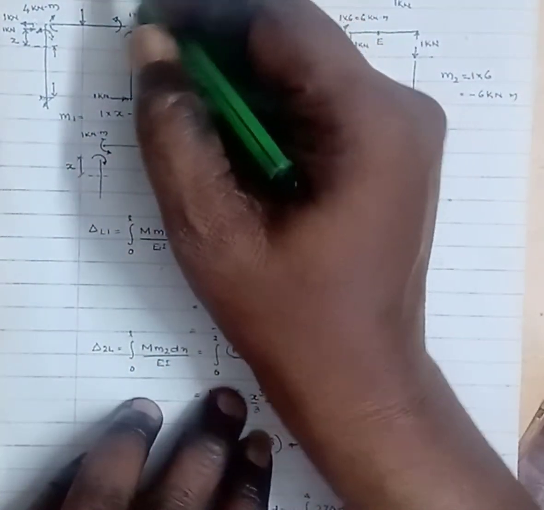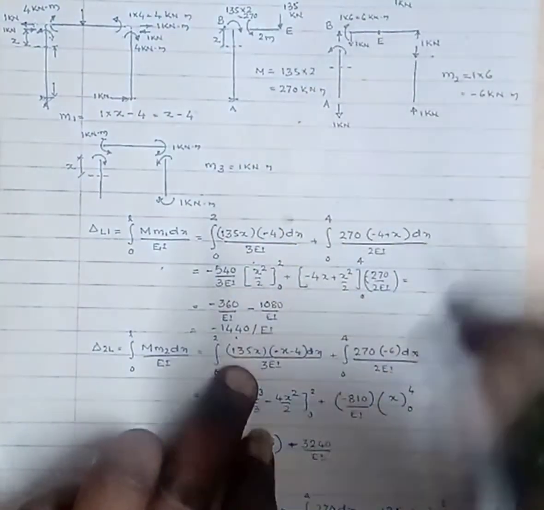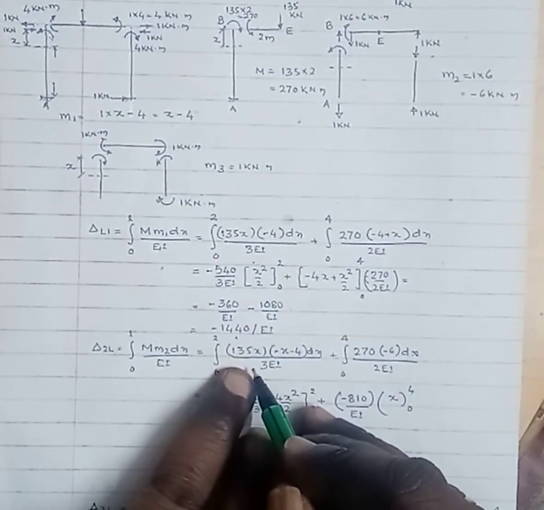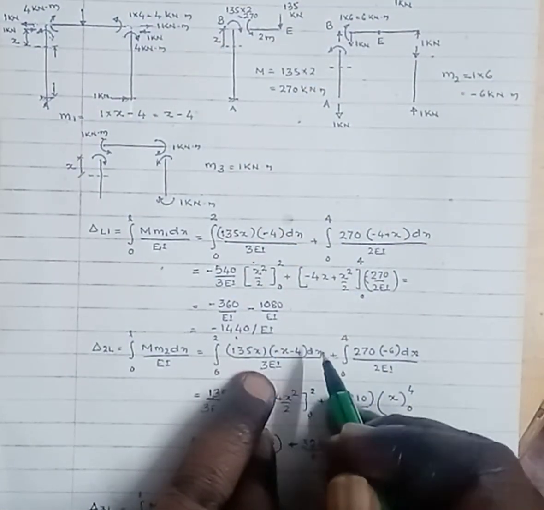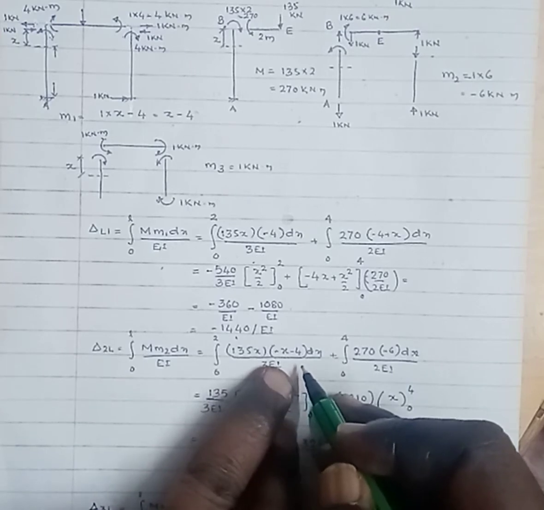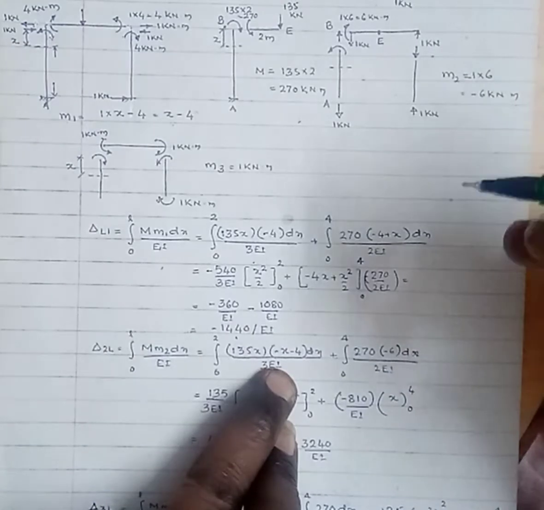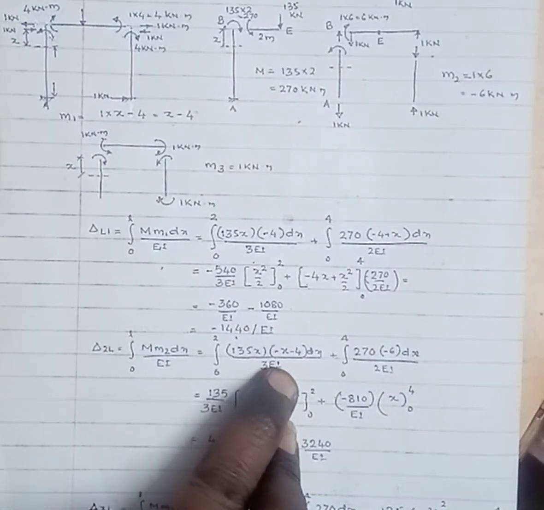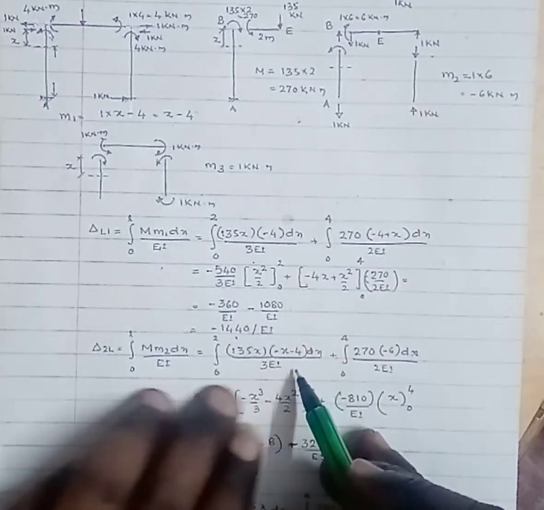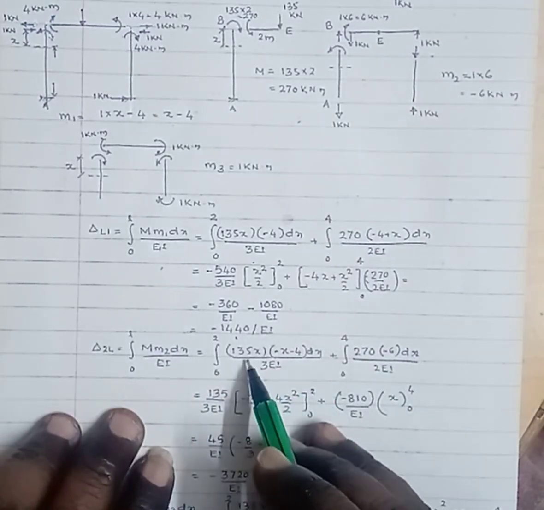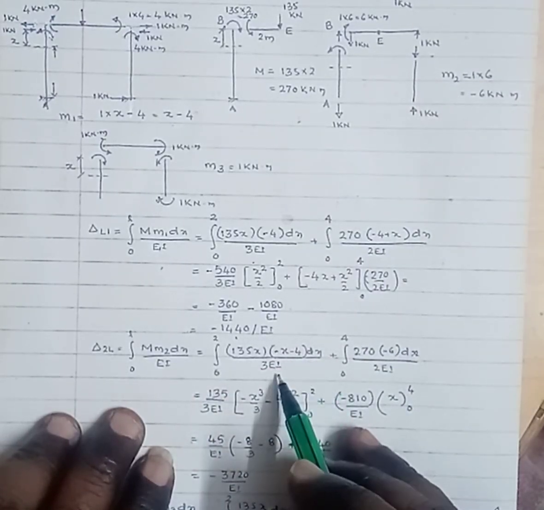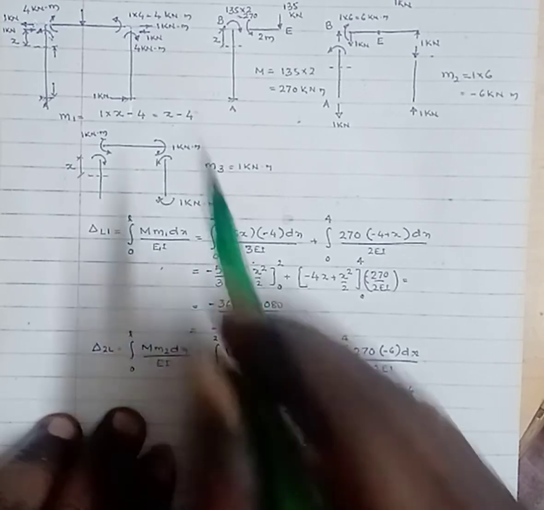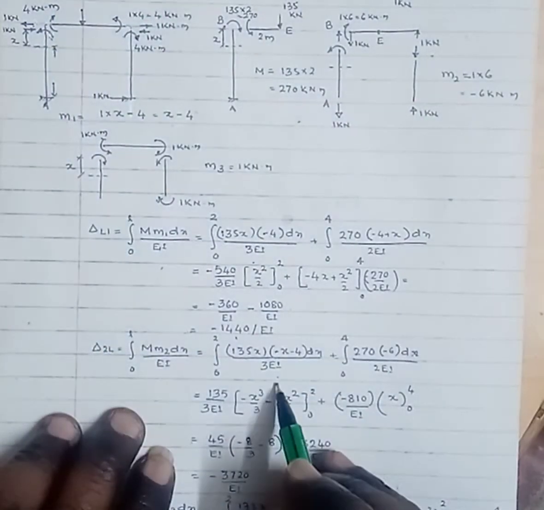In portion E to B, the bending moment due to the applied load is 135 into x, and the bending moment due to the unit load applied in coordinate direction 2, that one is minus x minus 4. Here by substituting the values of m into m2 dx divided by the flexural rigidity, for this portion E to B it is 3EI.